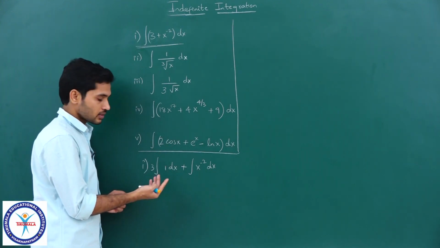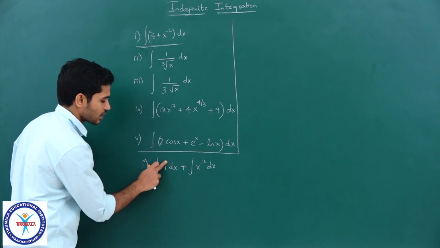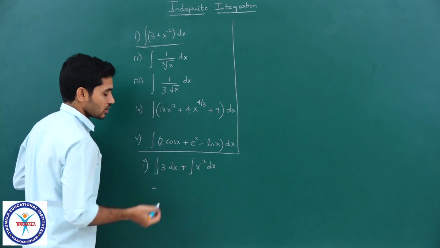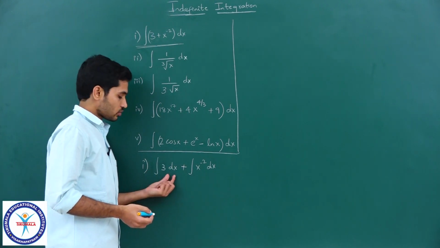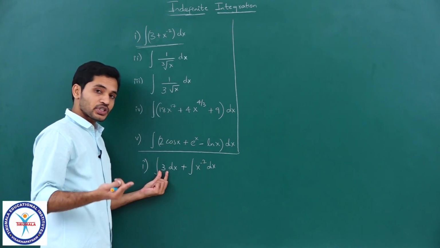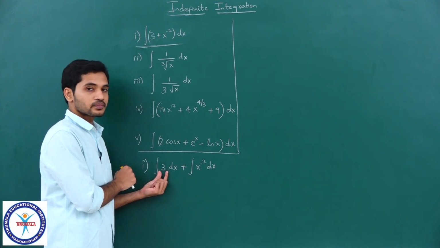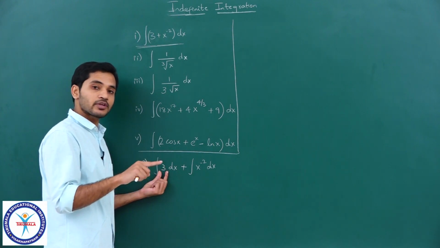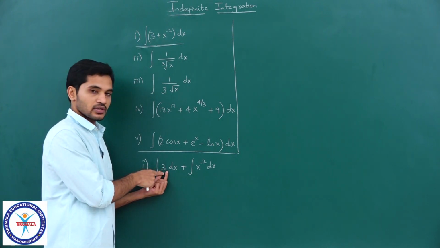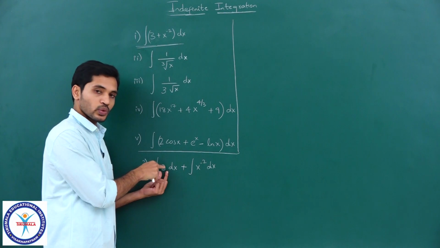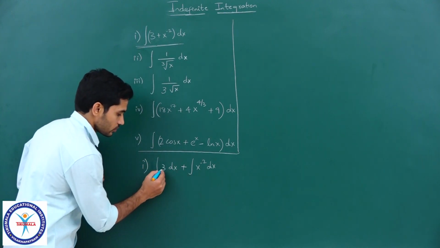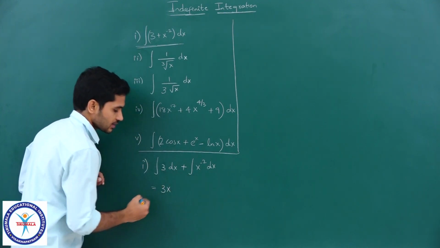It is x, right. Or you could have directly understood it like this: for the integral of 3 dx, which function when differentiated gives you 3? The derivative of 3x is 3. So, the integration of 3 will be 3x, correct. You can directly write it as 3x.